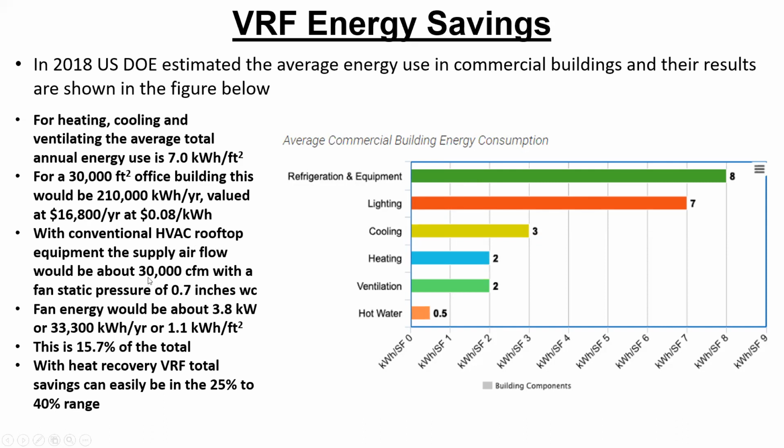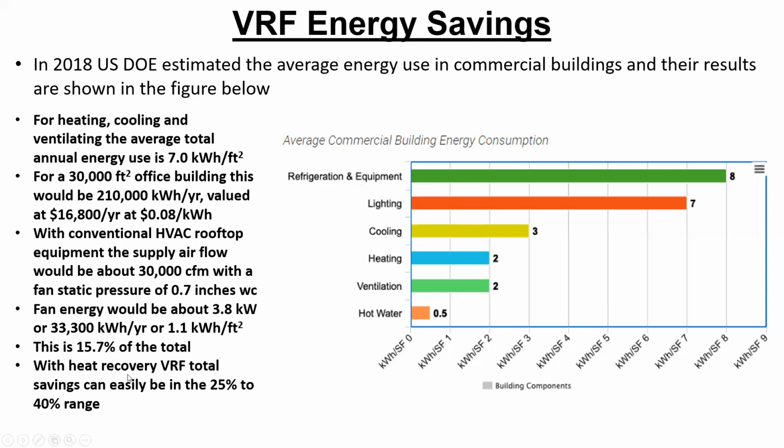If they provide 30,000 CFM with a static pressure of 0.7 inches of water, fan energy would be about 3.8 kW, or 33,000 kWh per year, or 1.1 kWh per square foot. This is 15.7% of the total.